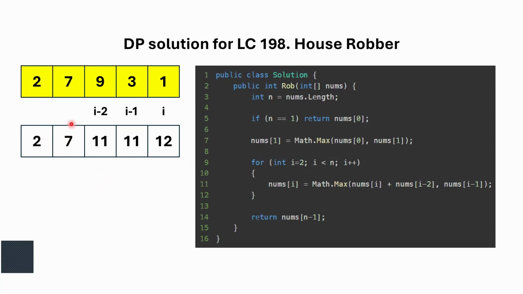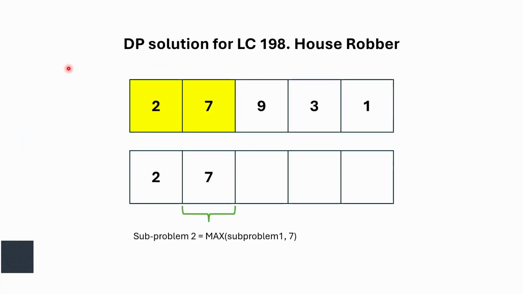So at iteration 1, at the second element here, we choose the greater value between nums0 and nums1, which is this and this. That's because the second subproblem is essentially deciding whether to include this house or not. If we include this house, then it should be this and not this. Or if we decide not to include this house, then it's not this but include this.